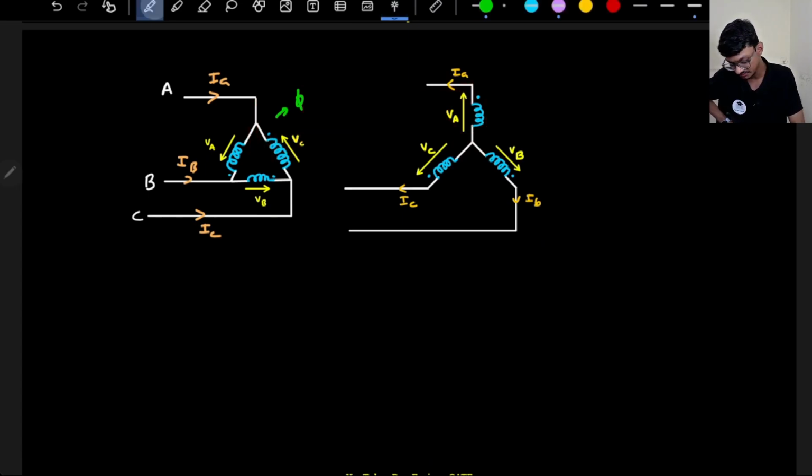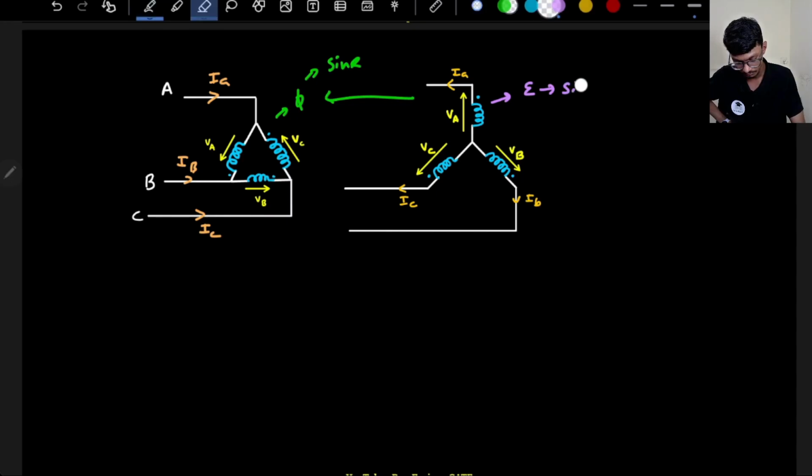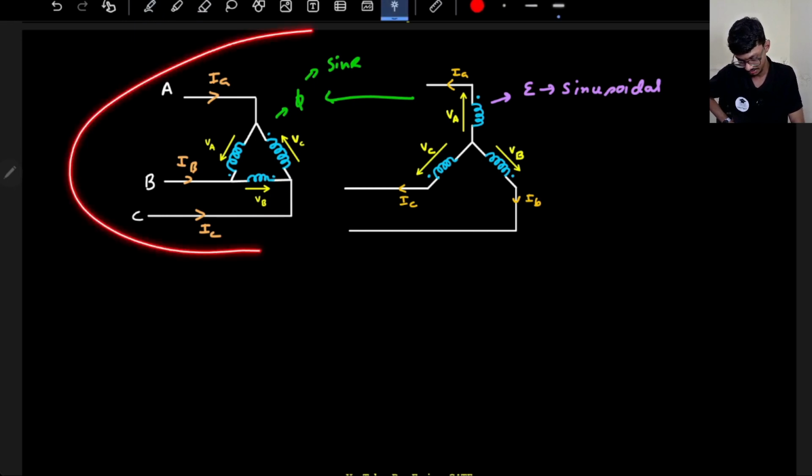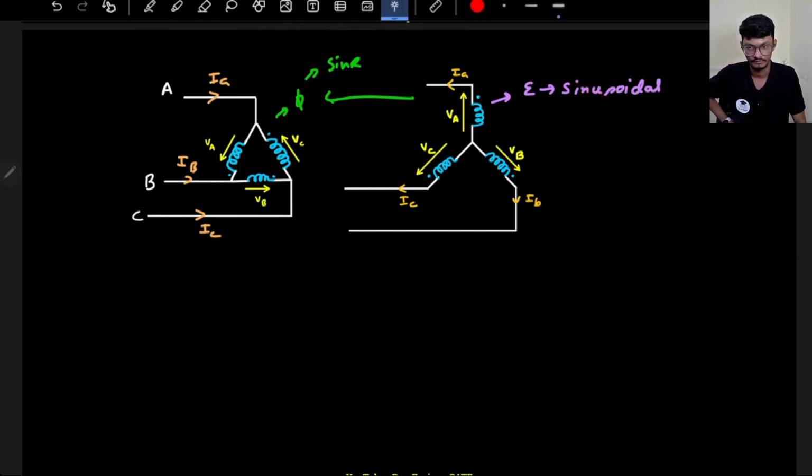If the same flux is flowing through this winding and it is sinusoidal, then the induced EMF E here also will be sinusoidal. That is the case over here. I hope you have understood this one.